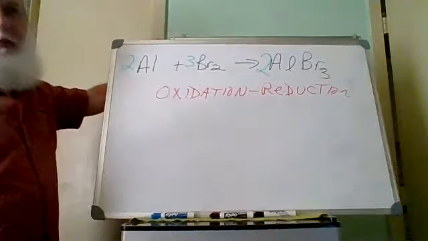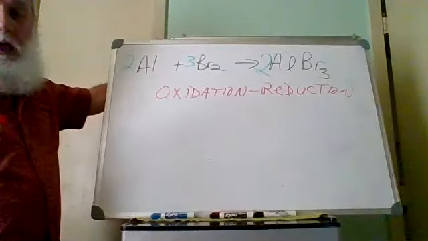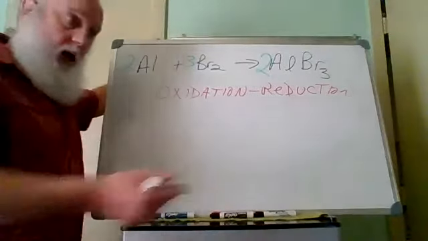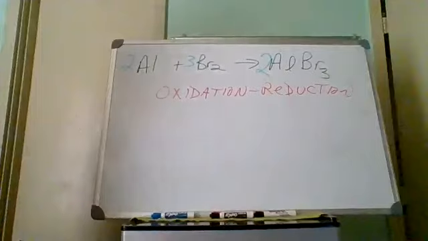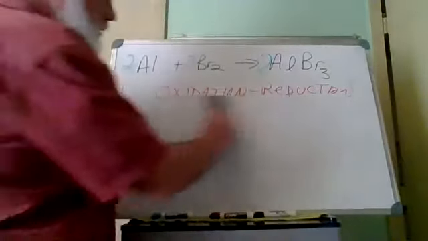Okay, we think about it. Metals give up their valence electrons to form cations. Where do those electrons go? To the nonmetals to form anions. Right? So that's what's happening here, and we can prove that. Again, electrons are transferred between atoms in oxidation reduction reactions.